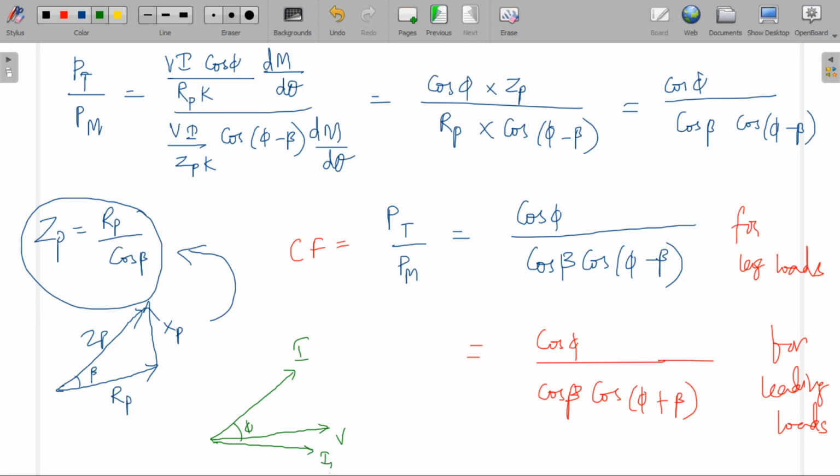This will be IP. The pressure coil circuit is inductive in nature, so IP lags V by an angle beta. Then the angle between these two will be phi plus beta. This is for leading loads.